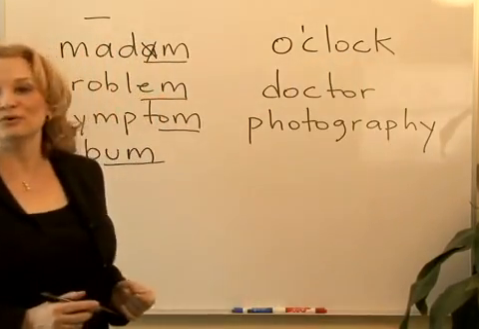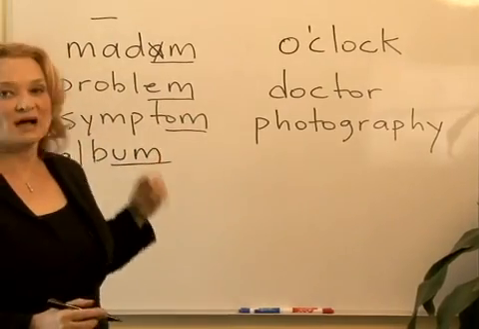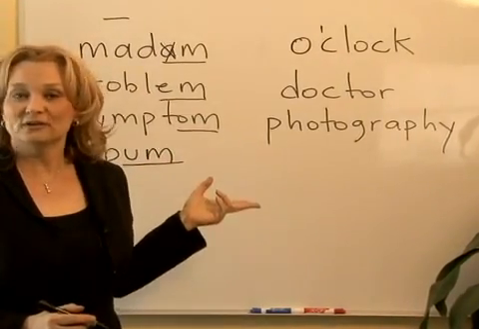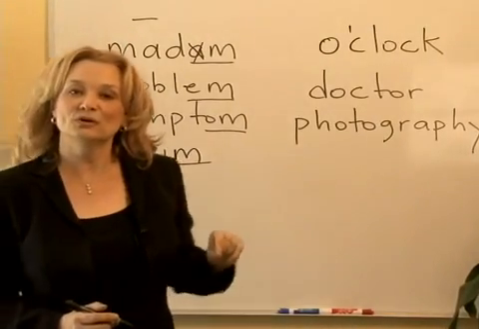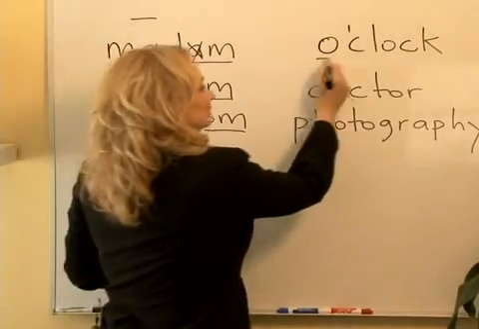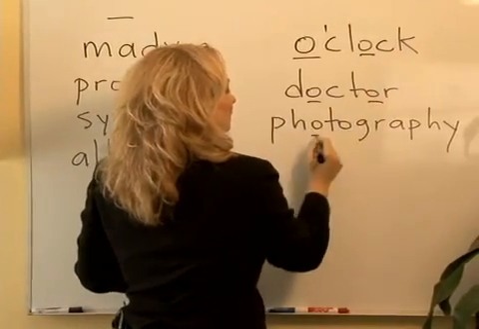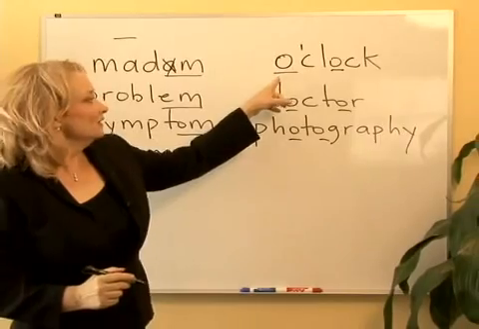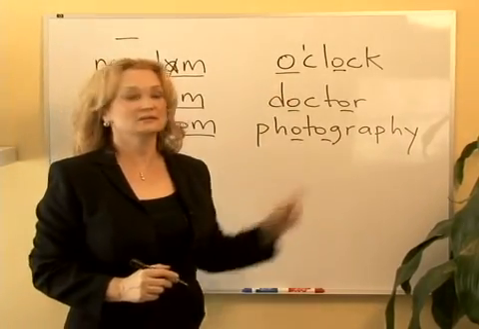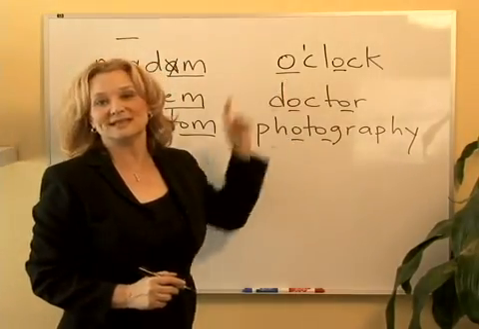Look at these three words, o'clock, doctor, and photography. These three words have something in common. Each word has two O's. There are 6 O's here. Look at the first word. The first syllable is reduced in this case.